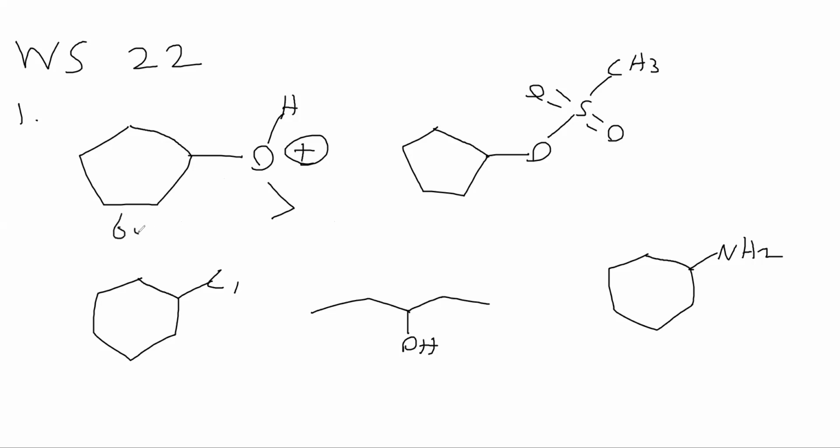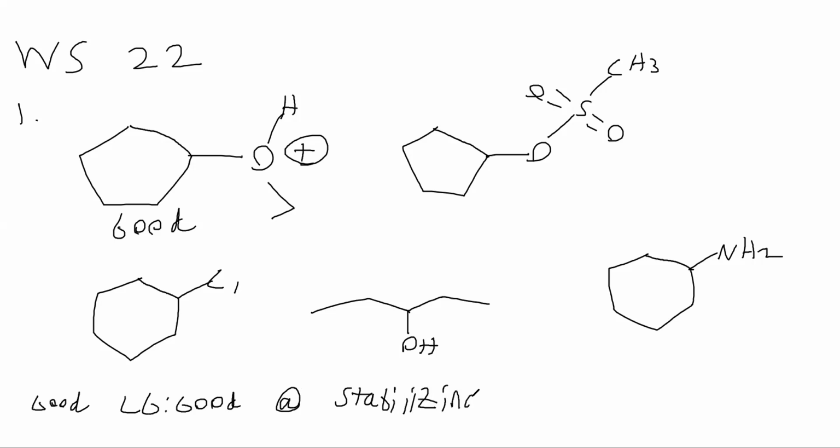So it is good. And I'll write down here, a good leaving group is good at stabilizing a negative charge. And it has to be good at that because when something leaves, it takes the electrons from the bond it had with carbon.